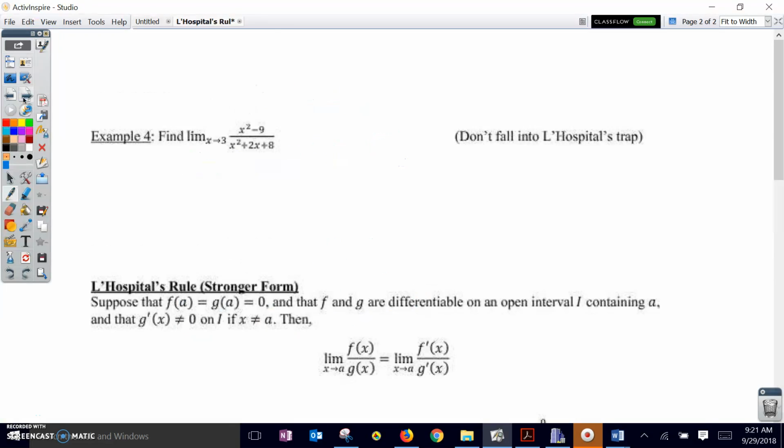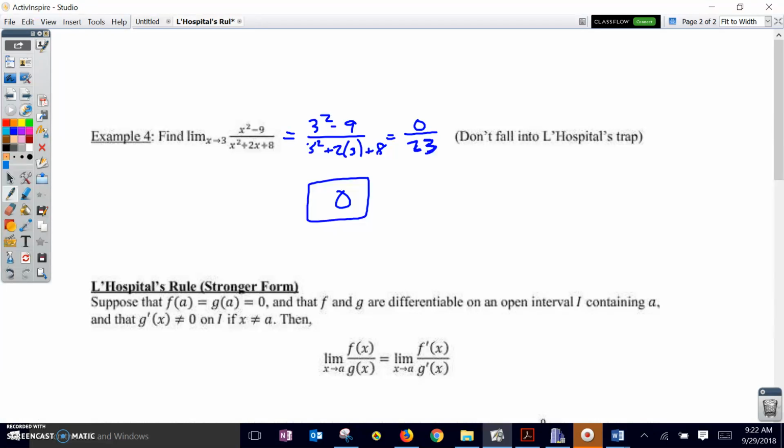Let's look at example 4. Again, I want to confirm that it's 0 over 0. So let's look at 3 squared minus 9 over 3 squared plus 2 times 3 plus 8. And that's 0 over 23. Oh no. So L'Hopital's rule is not necessary here because we get 0 over 23, which is just 0.